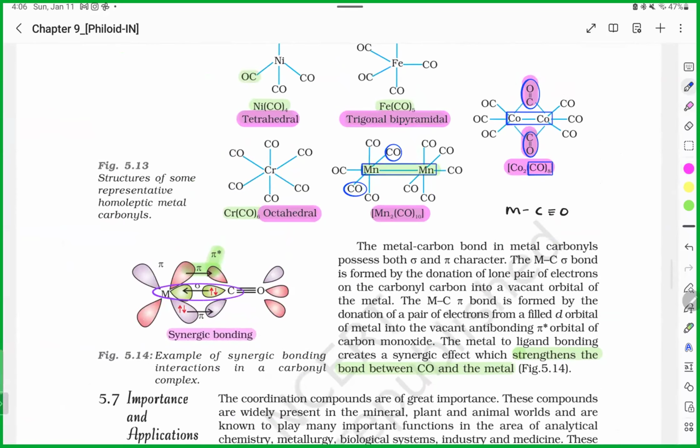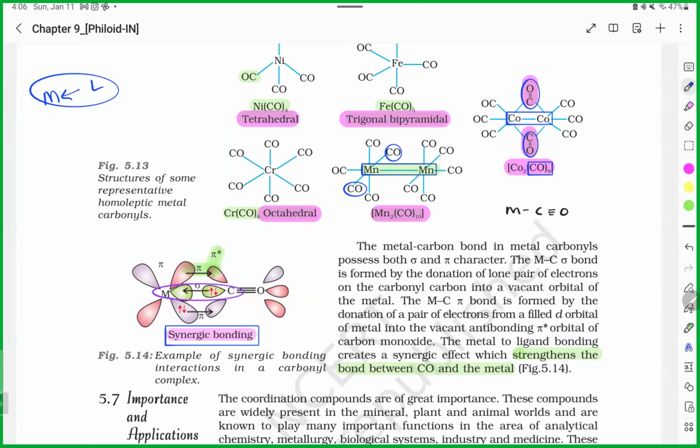Chandana, what should happen whenever any metal forms a bond with any ligand? Only the ligand donates electrons, right? In any coordination compound, only the ligand donates electrons to the metal, right? But in this synergic bond, even the metal can donate electrons to the carbonyl.